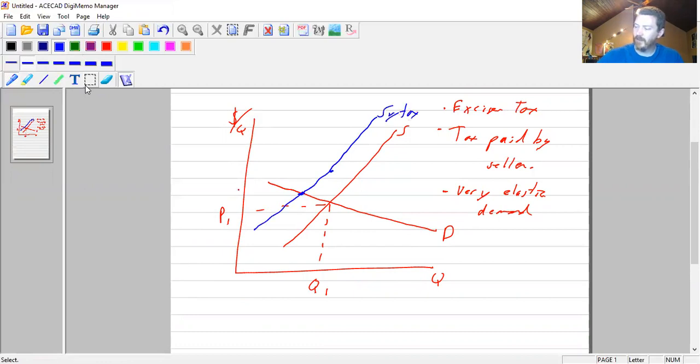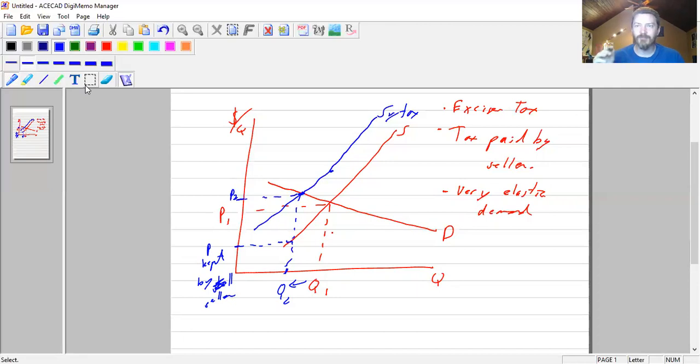This will become our new market price. This will become our new market quantity, Q2. And this will be the new price kept by seller.